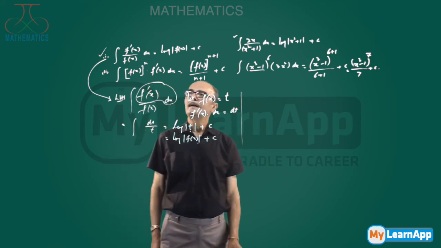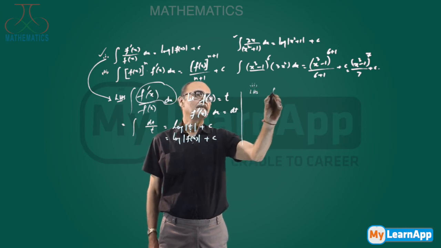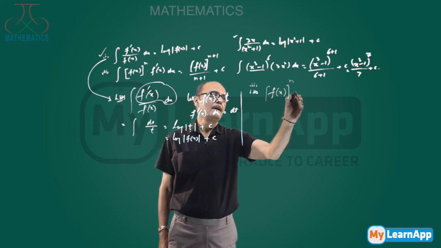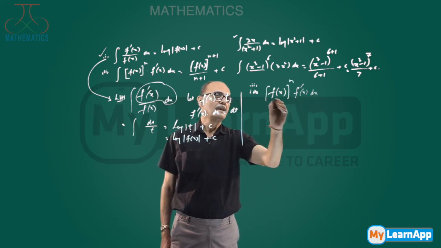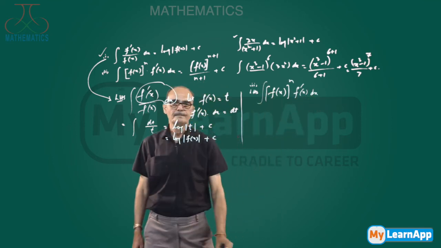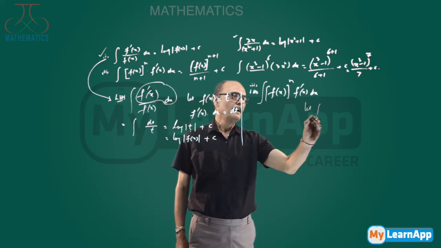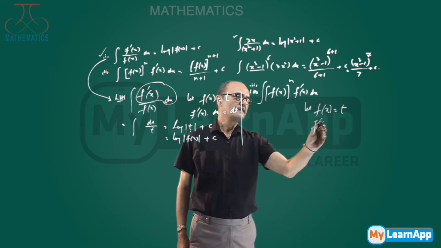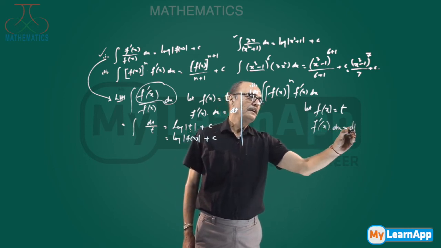Likewise, for proving the second result, we take the left hand side of the second result. This is f of x whole raised to power n, times f dash x, dx, and the integral of this. Again we make the substitution, let f of x equal to t, f dash x dx equal to dt.